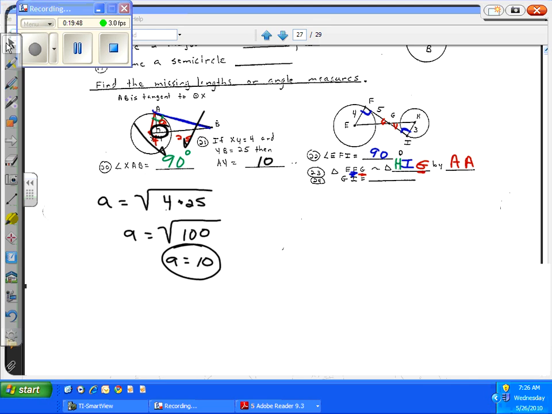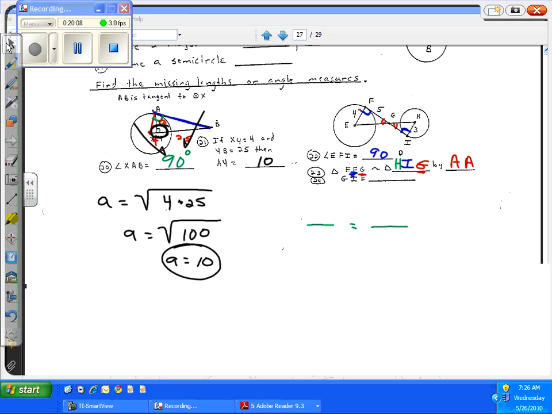F was 90, I is 90, so I goes in the middle. And the only thing left is H, so H must go first, so we name the similarity. If they're similar, that means they're the same shape, which means that corresponding angles are equal and corresponding sides are in proportion. So we can find a missing side by using a proportion.